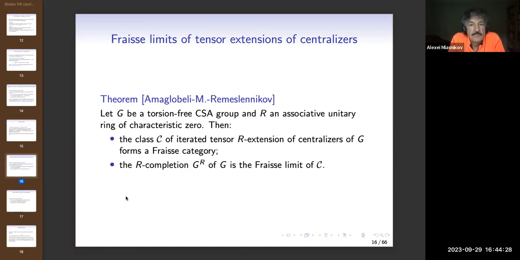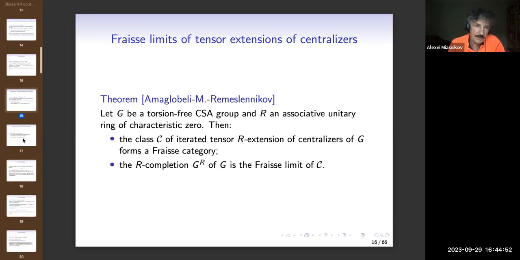So the R-completion of a torsion-free CSA group G, G to the R, is again a Fraïssé limit. So it has very nice algebraic properties, but also some universal property common to Fraïssé limits.